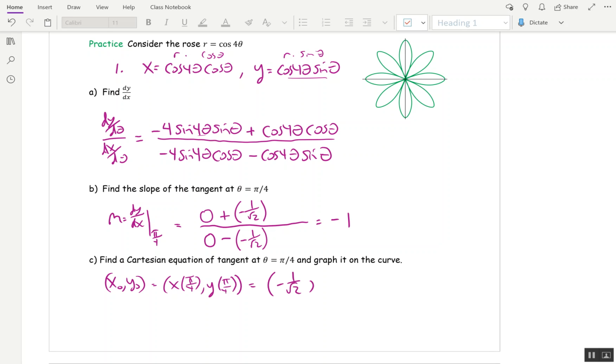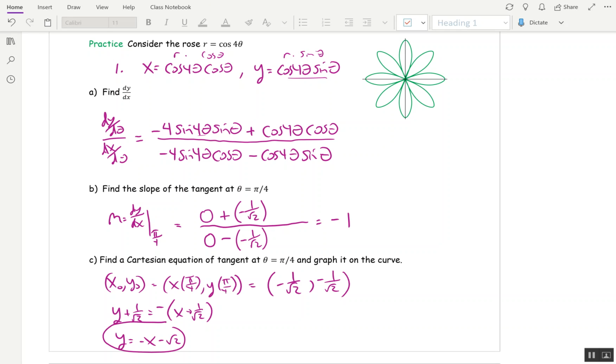And then y at pi over 4 would be cos pi sine of pi over 4, which is also -1 over root 2. Okay, so point slope. Y plus 1 over root 2 is negative x plus 1 over root 2. Y equals -x minus 1 over root 2 minus 1 over root 2. So minus 2 over root 2 is the same as minus root 2.